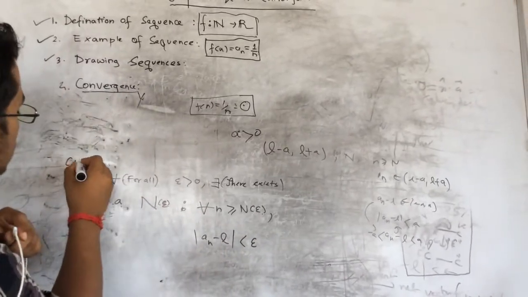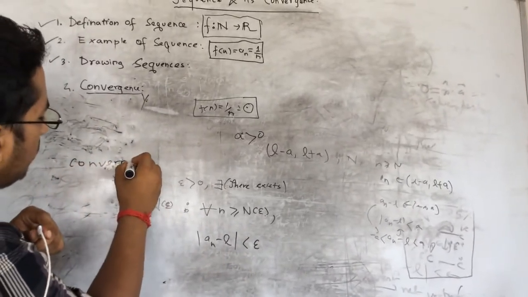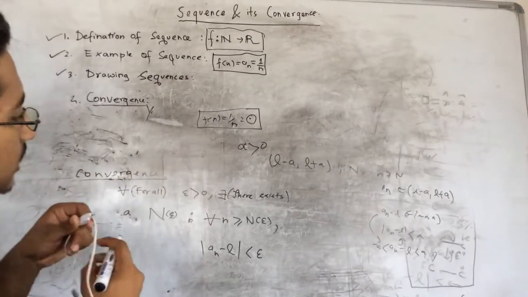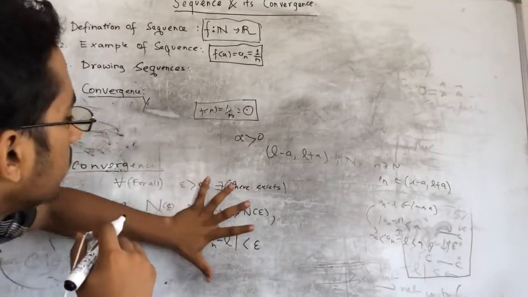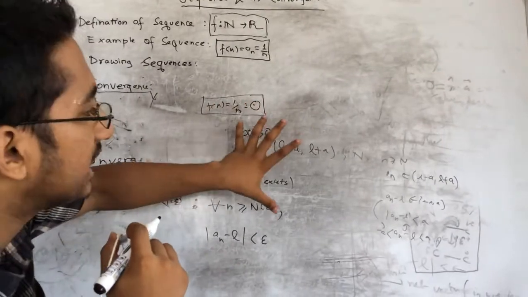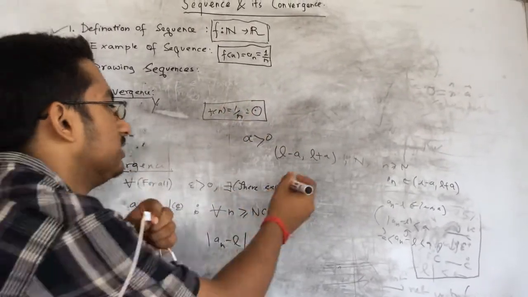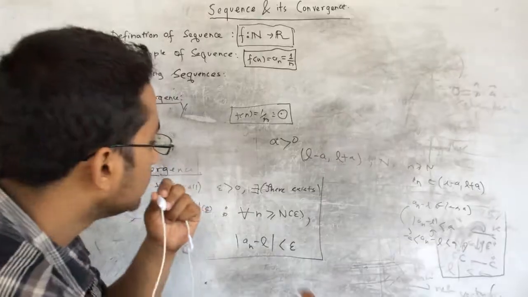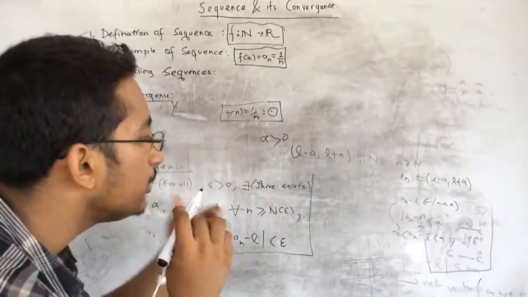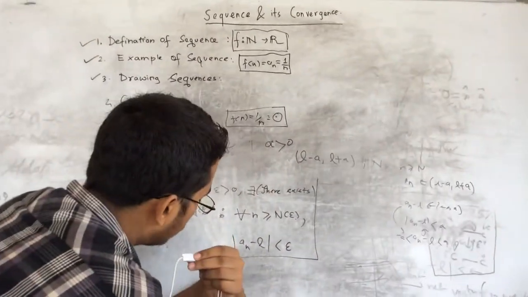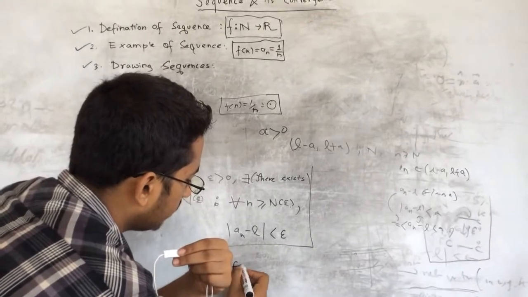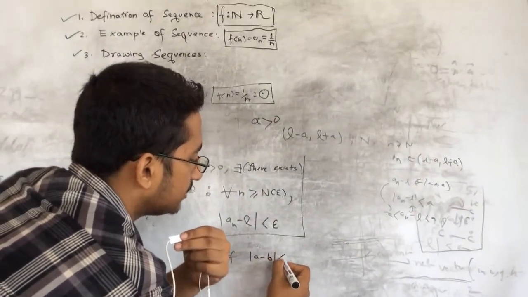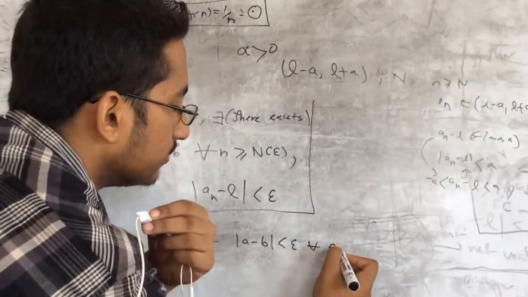This is very important, the convergence definition. It's intuitive and motivating, but not at first sight, so we need to really explain why it is so. There is one striking similarity with the definition I gave earlier: A equals B if and only if the modulus of A minus B is less than epsilon for all epsilon greater than 0.